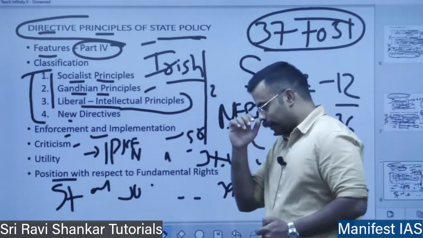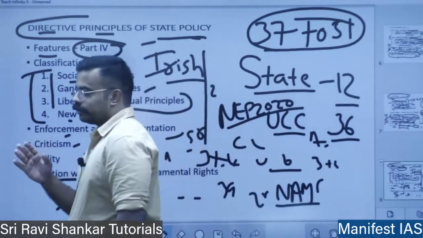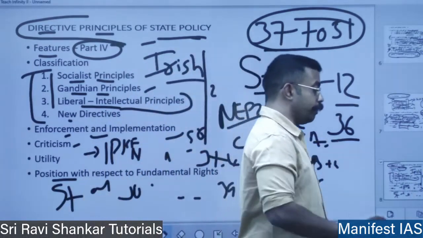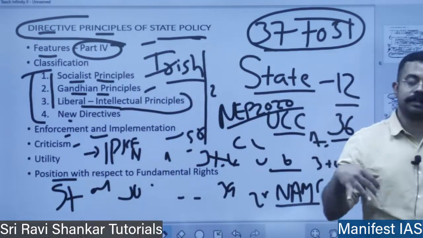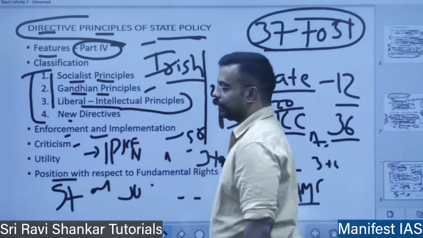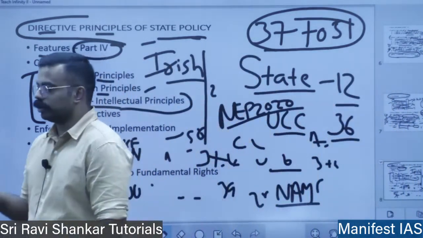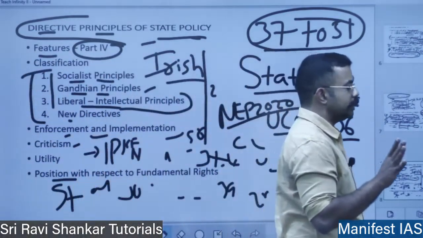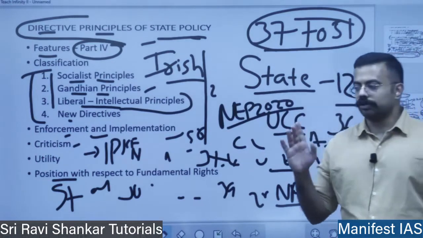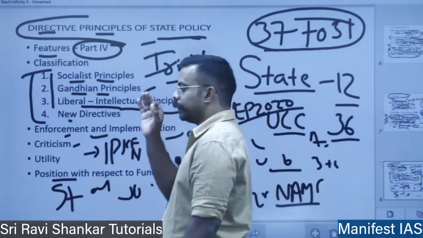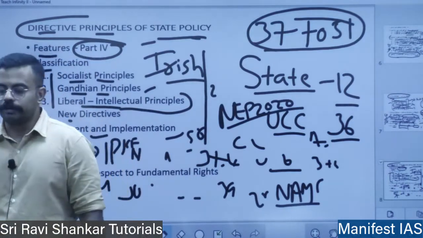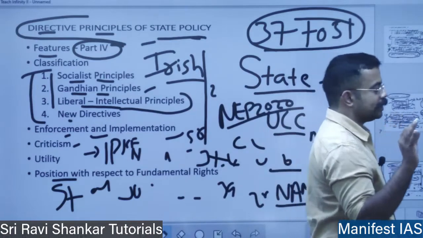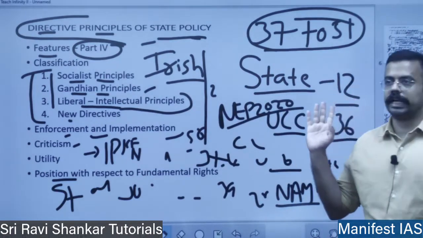However, what the government did, it changed it to saying that to give effect to all directive principles, we can tweak any fundamental rights. That is the constitutional amendment done by the government. So again, a case was filed in the Supreme Court, and the Supreme Court said, no, only a few directive principles can be given effect by tweaking the constitution. Not all fundamental rights can be violated for giving effect to the directive principles.